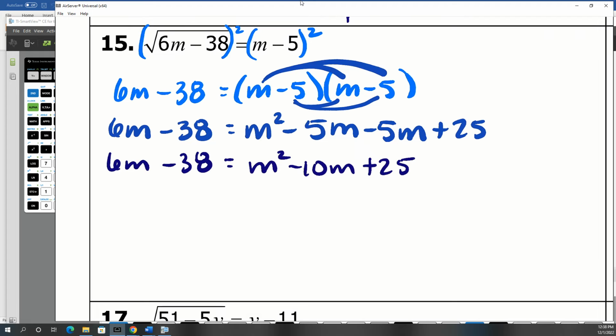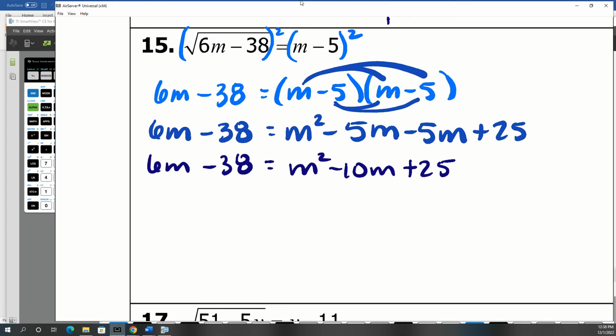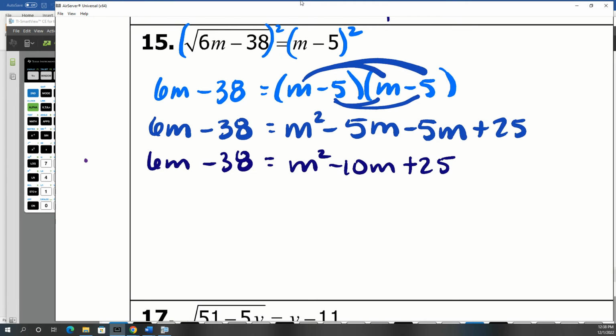Okay. So now what we need to do is get everything on one side. So I'm going to move the 6m over. Since it's a positive 6m, I'm going to subtract it from itself, so it becomes 0.